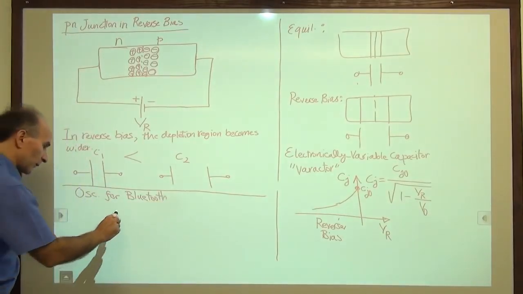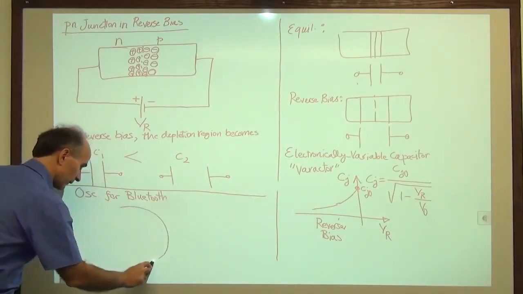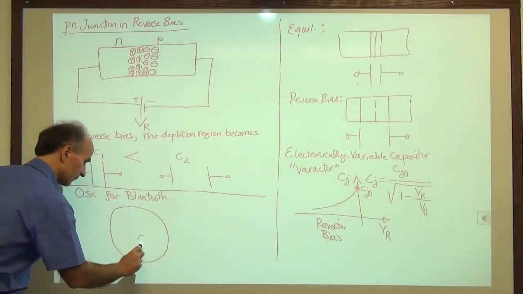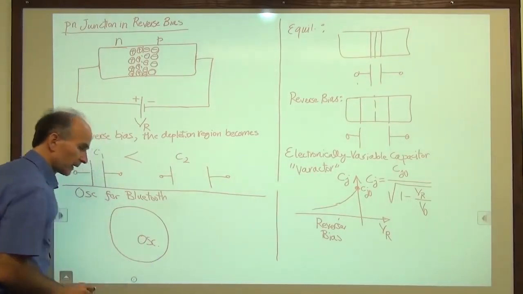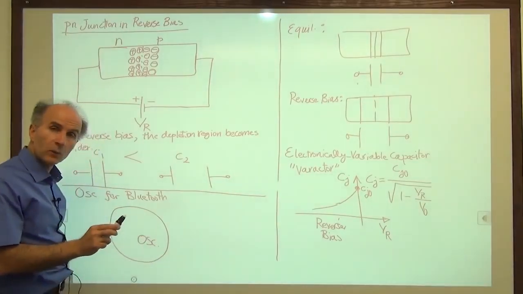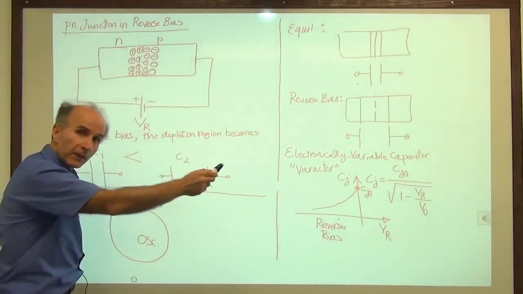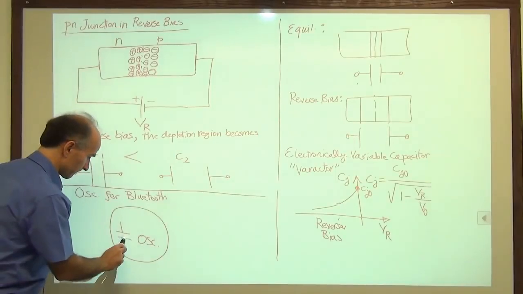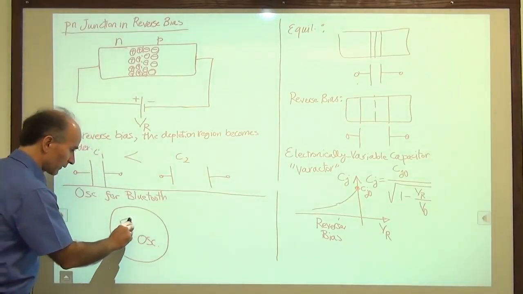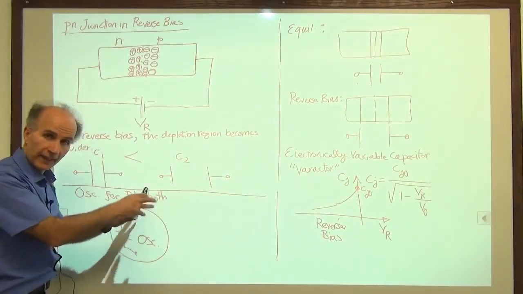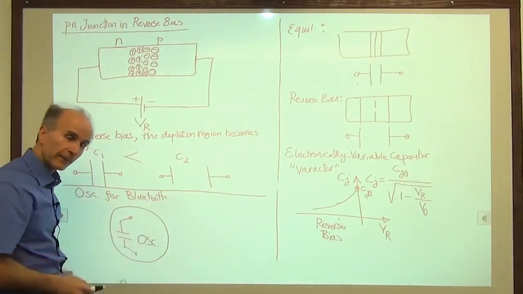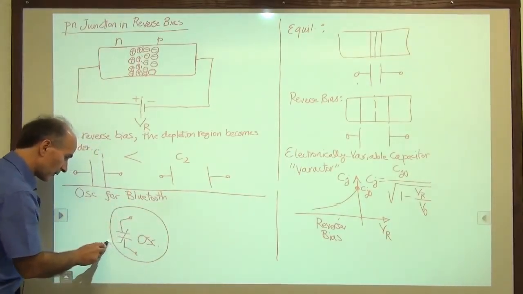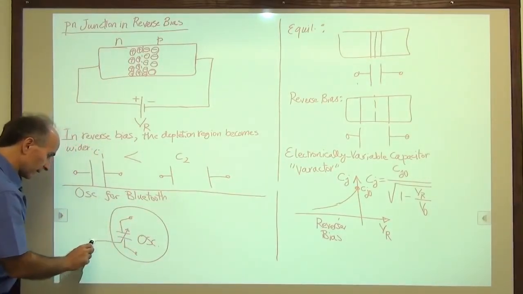Okay, so what we are looking for is, here's the oscillator. And inside this oscillator, we will use a PN junction in reverse bias. It goes into the internal nodes of the circuit. We don't know exactly how. There's something in there. But this PN junction can be controlled from outside.